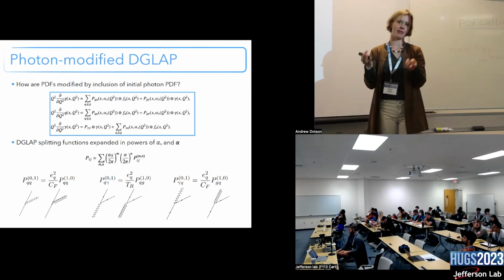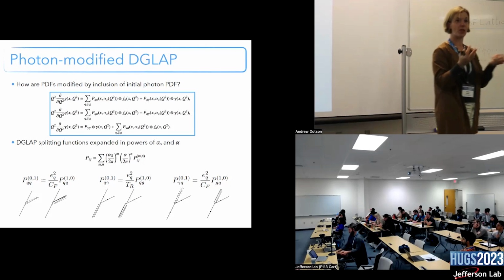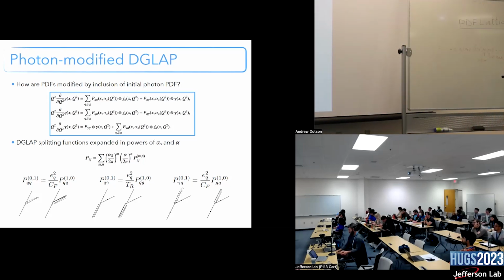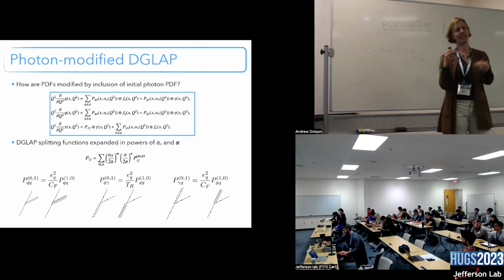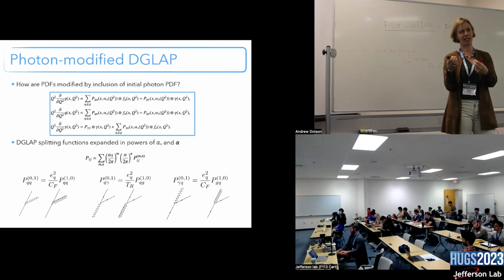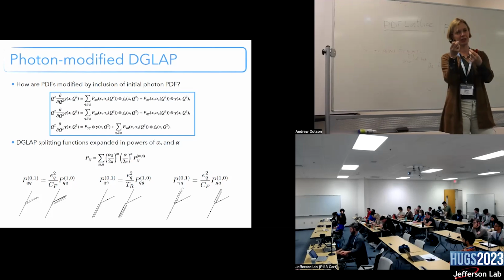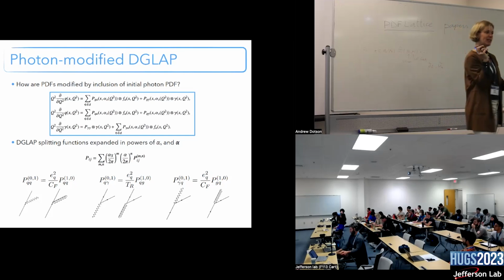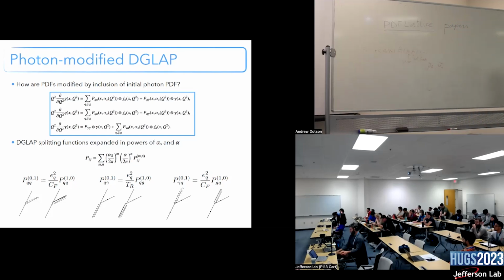So the photon is different depending on the scale at which you're looking at it. It evolves with the scale exactly like the other partons. If the photon was heavy, like the dark photon, then you would have an extra constraint, the fact that you cannot produce it below the energy that is equal to its mass. But the photon is mass 0, so we have it at all scales.